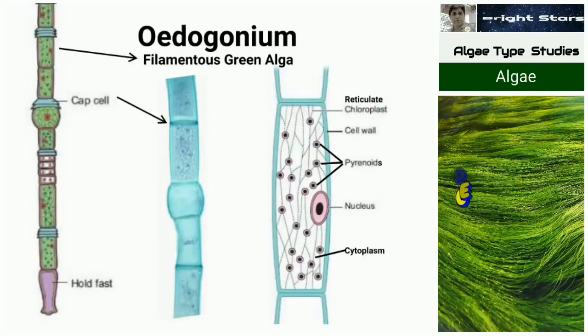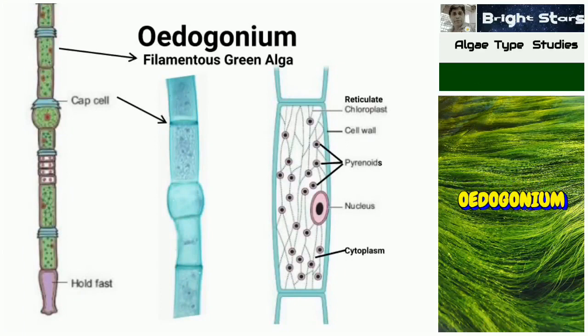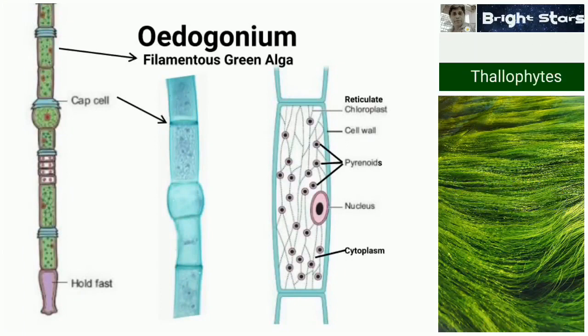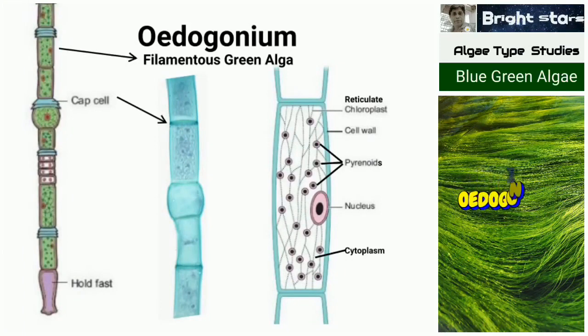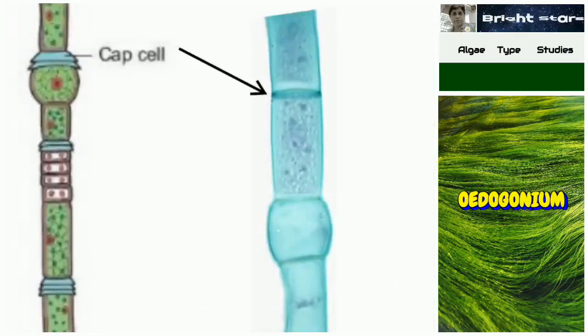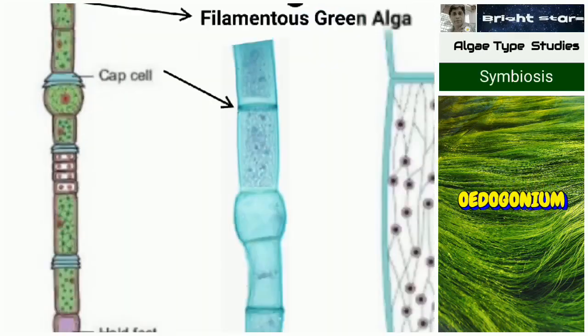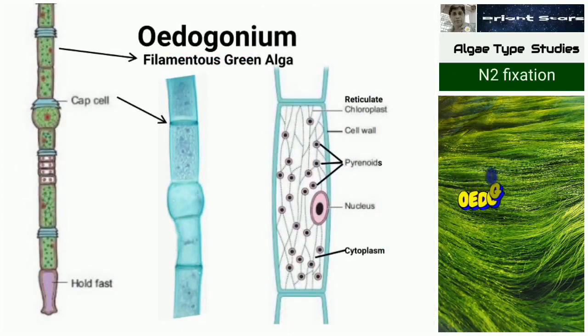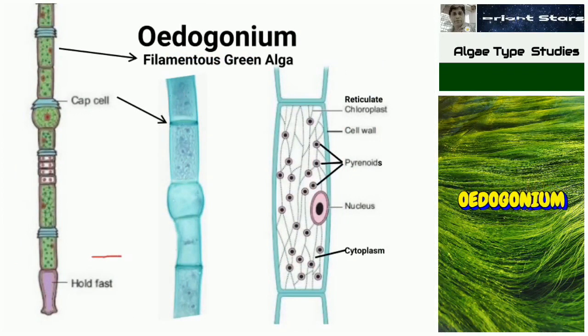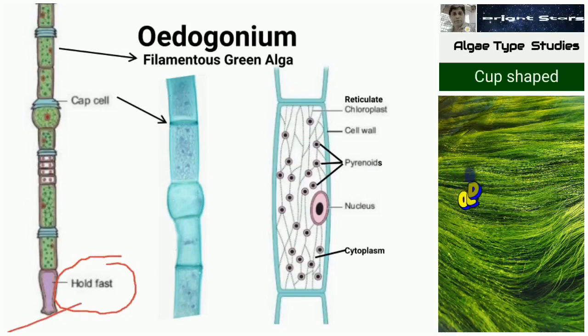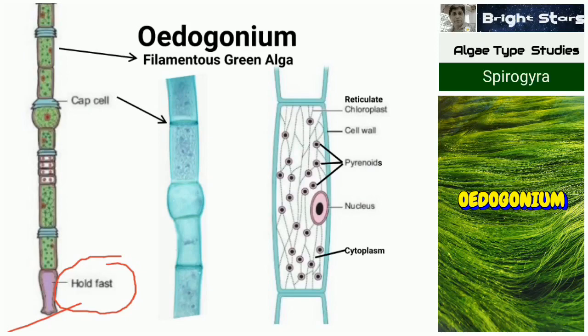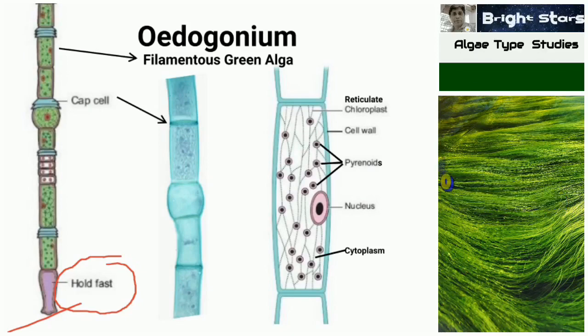Okay, next one, Oedogonium in this video. The last diagram we have regarding green algae in our textbook is Oedogonium. It is also a filamentous green alga, a long hair-like structure. You can find two important parts. One is the hold fast. This Oedogonium is not free floating or free swimming like Chlamydomonas.